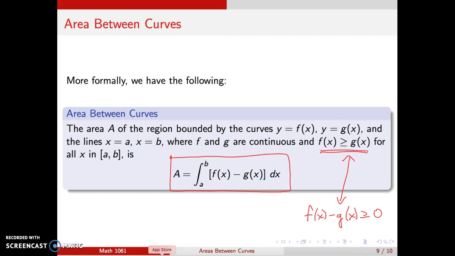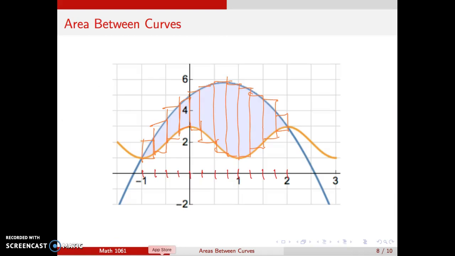If we like, we can take our region and think of it as the difference of two functions, graph that new function on its own, and then we would have a region bounded above by this curve and below by the x-axis, and it would be what we had talked about before. If that's confusing, don't worry about it. You don't have to think about it too hard. But this is what we've got.